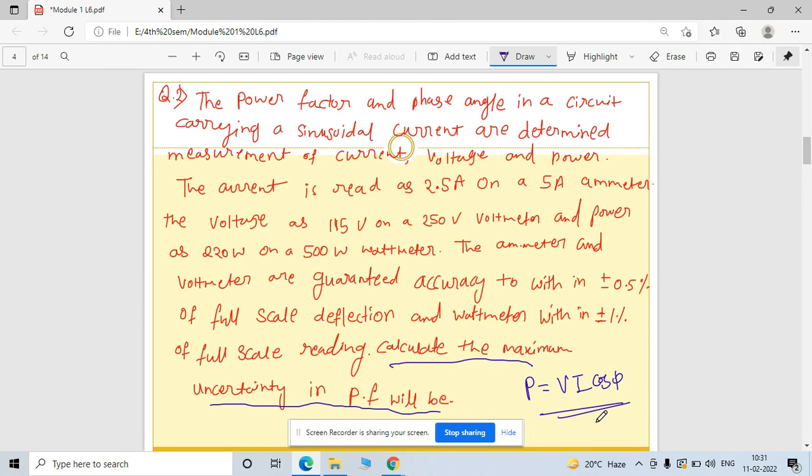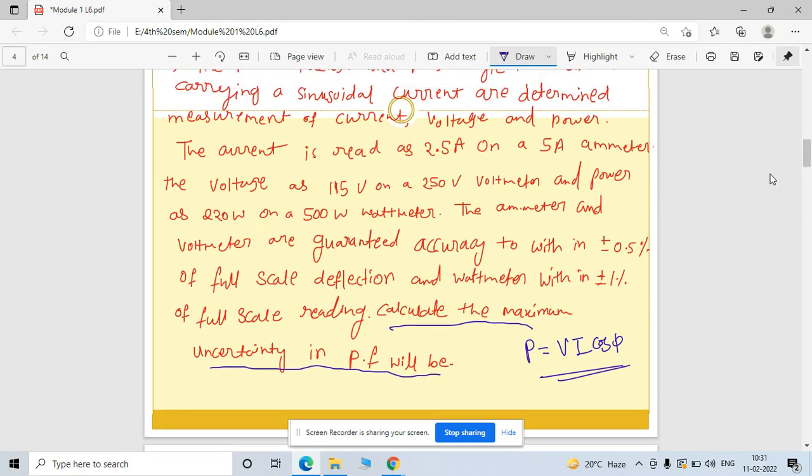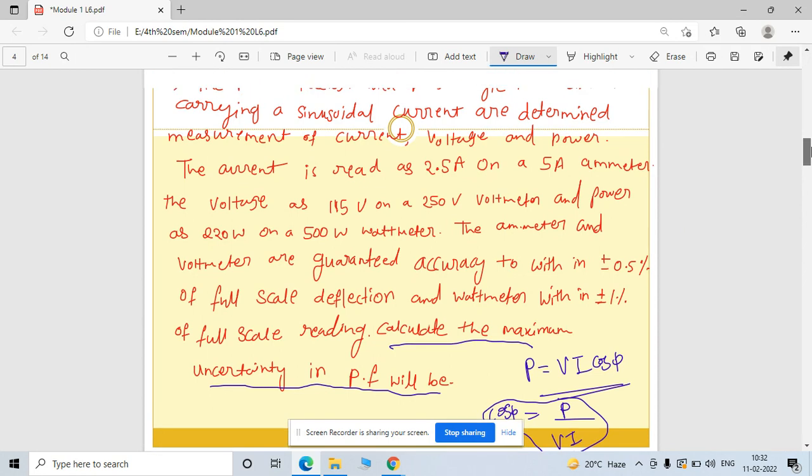So first of all you need to find these three parameters. You need to find the power factor. So power factor, from this equation, is nothing but P by VI, right? You need to find the uncertainty present in the power, voltage and current, and take that combination. By performing this calculation, you can easily find the uncertainty present in your power factor.